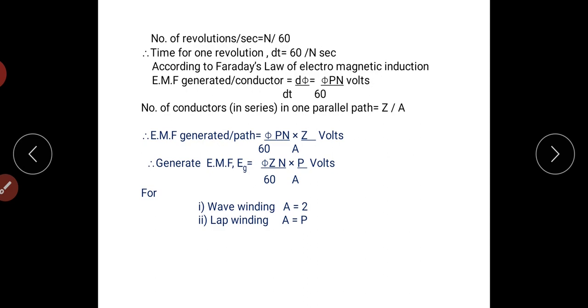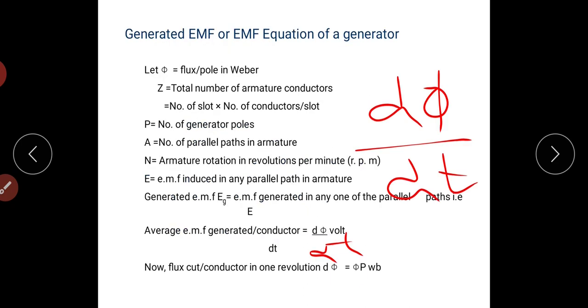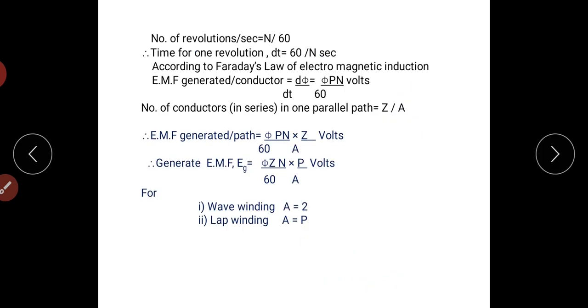Φ is the magnetic flux produced by each pole, so the total magnetic flux present in the generator equals Φ into P. In one revolution, the conductor cuts the total flux inside the generator, so dΦ value equals ΦP.